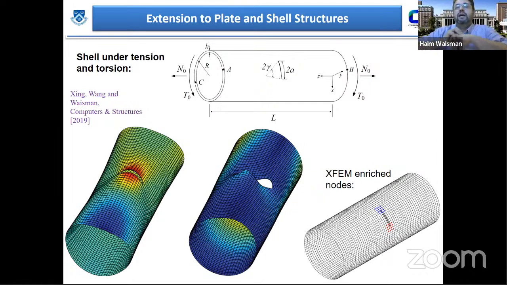And so one has to not only enrich displacement, but also enrich those moments, and as I mentioned, in our method we use high order terms. And so that would lead to a very accurate solution of shell type problems. Here you see a shell which is under tension and a shell which is under torsion. And these are our enrichment functions which are shown here.